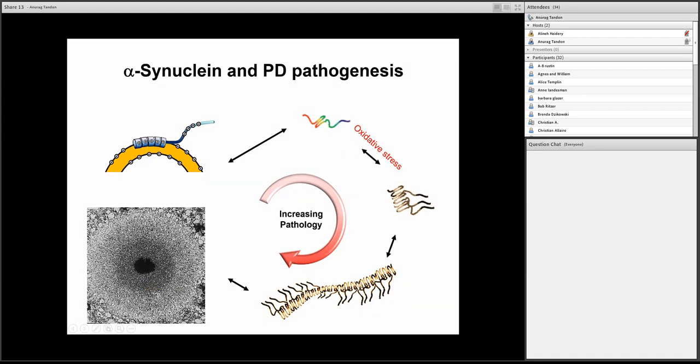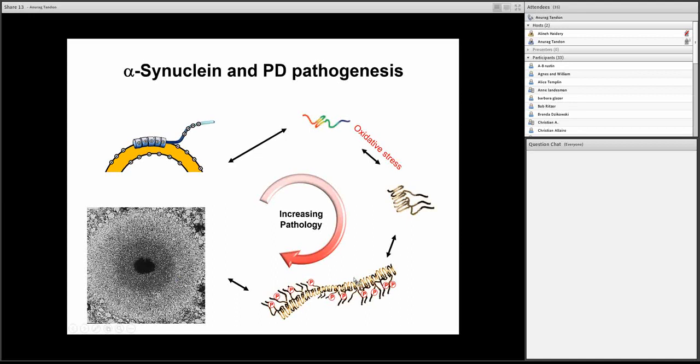But we can assume that the cell now tries to get rid of these and begins to compartmentalize them in one localized part of the cell, much like we do with a landfill or garbage dump. The cell is really trying to get rid of this and put it out of the way so that it doesn't bother its normal functions.